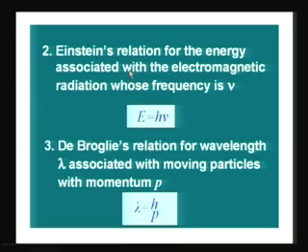The expression that Einstein came up with for the discrete packets of energy for the electromagnetic radiation whose frequency is nu is also the same relation that Einstein gave, E is equal to h nu. And Einstein was the first to recognize that this h is exactly the same as the h of Max Planck.